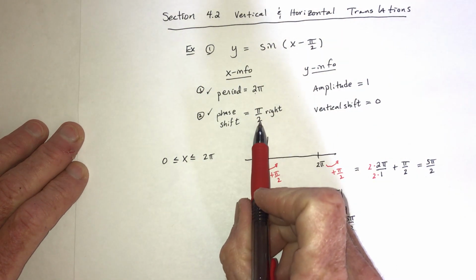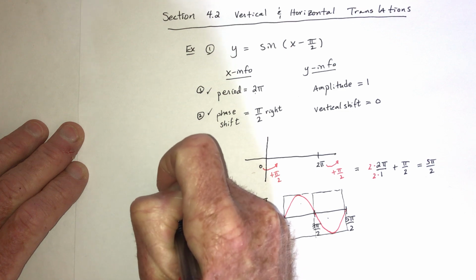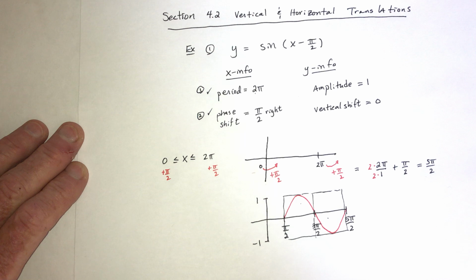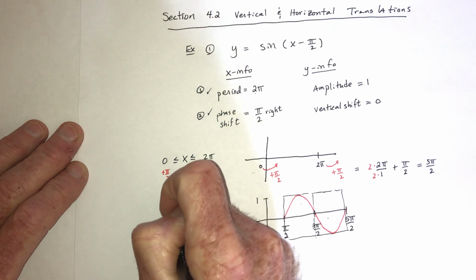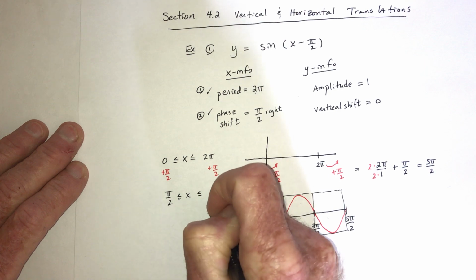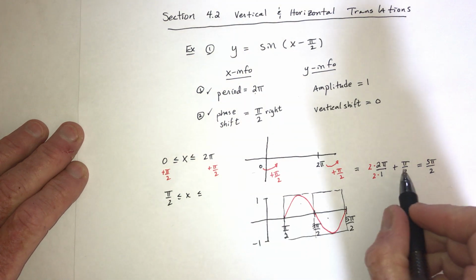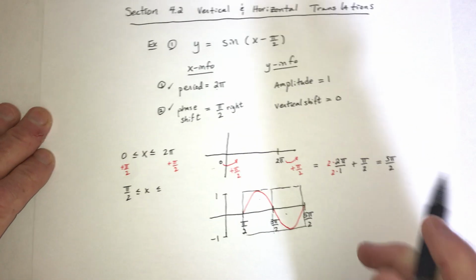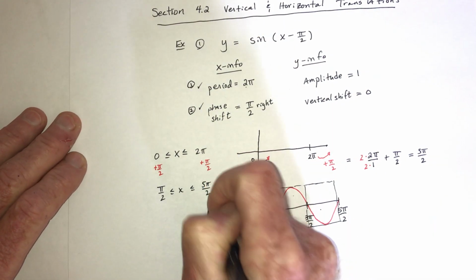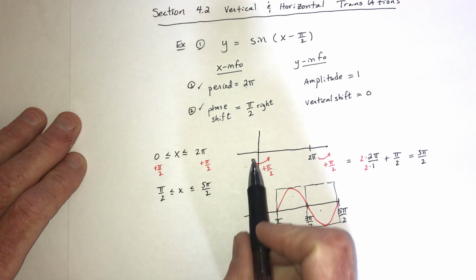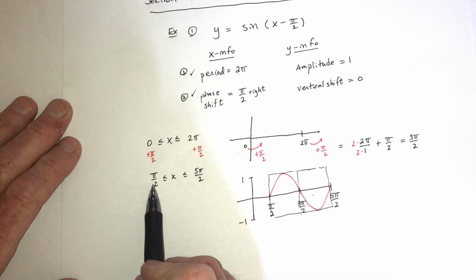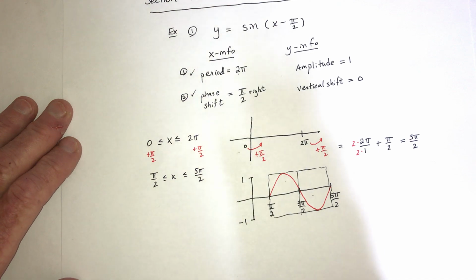So that means you have to add on pi over 2. And then this would say x is between pi over 2 and, when you add these, 5 pi over 2. And then doing this replaces having to draw this, and then having to start over. You can then just take this information, put it on the x-axis.